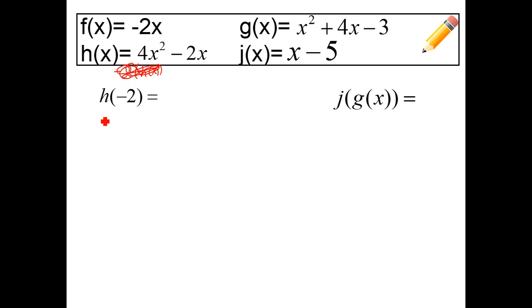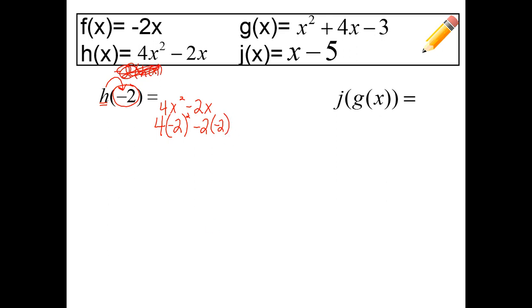So it says take the h function and plug negative 2 into it. Where the h is this 4x squared minus 2x, everywhere there's an x, I need to replace it with a negative 2. So this x is going to become negative 2, and then this x is going to become negative 2.